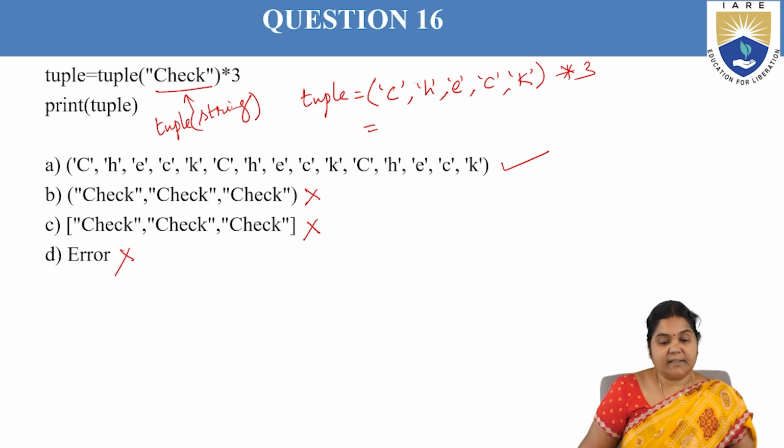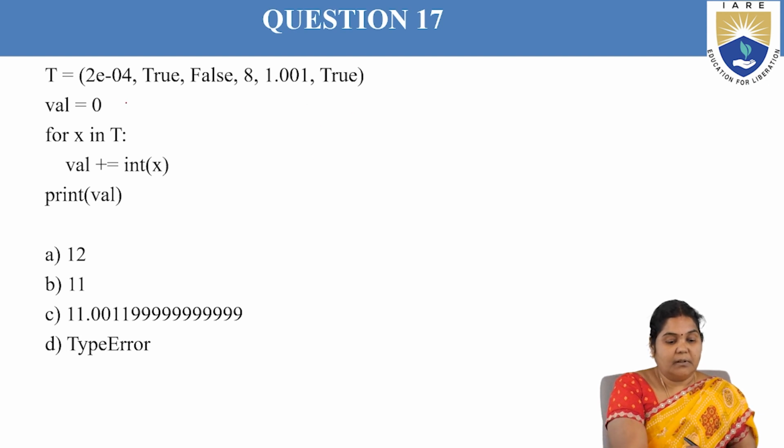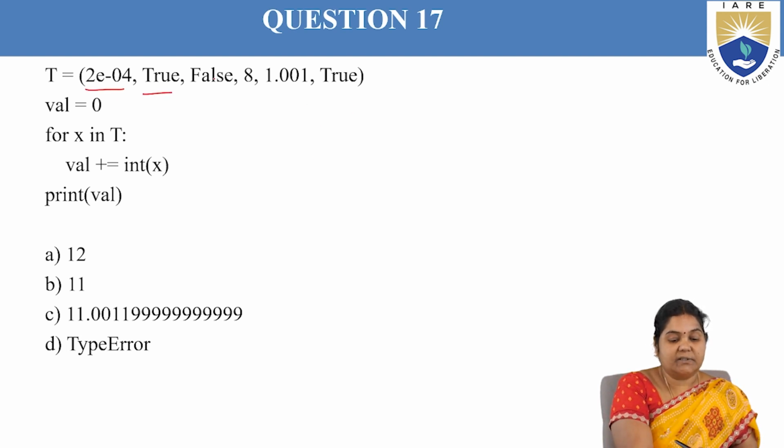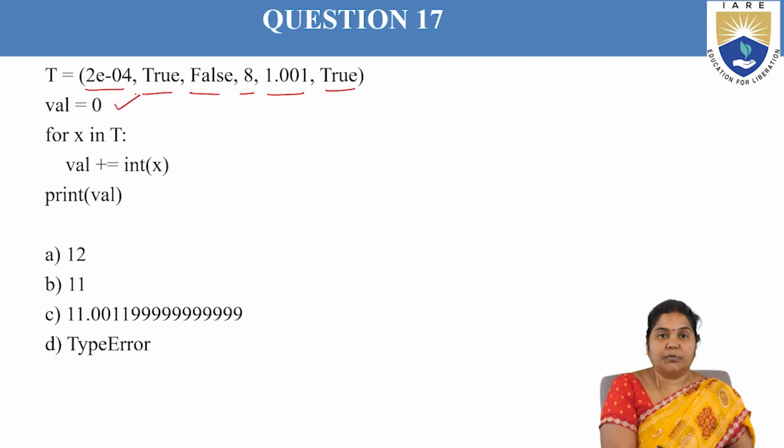Now next question. We move on to question 70. What will be the answer for this question? There is a tuple with a float value, a boolean value True, 8, 1.001, and again another boolean value True. Initially value is equal to 0.